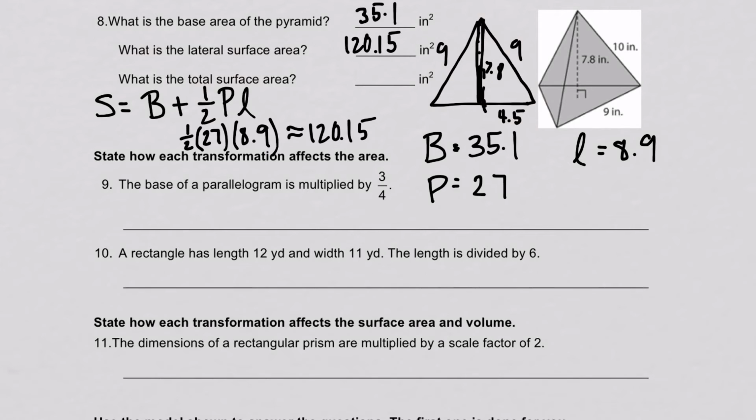And so the total surface area, add those two up, and you're going to get 155.25, approximately. This is not exact. And there you go. That is definitely the toughest one to find the surface area for, or at least the one that takes the longest, because there's a lot of calculations you need to do before you actually get to use the surface area formula.